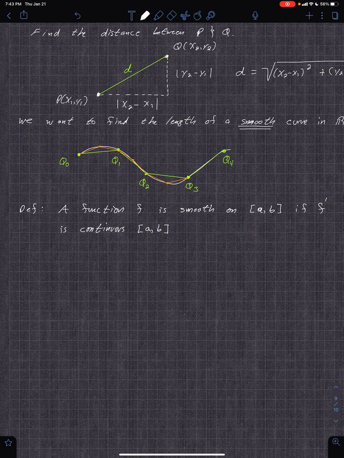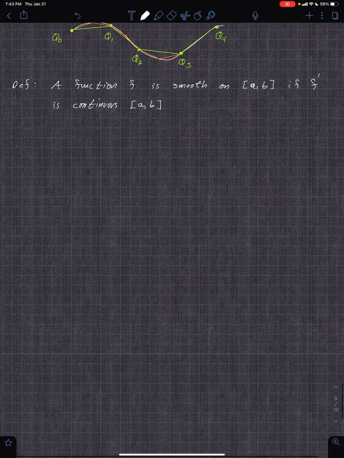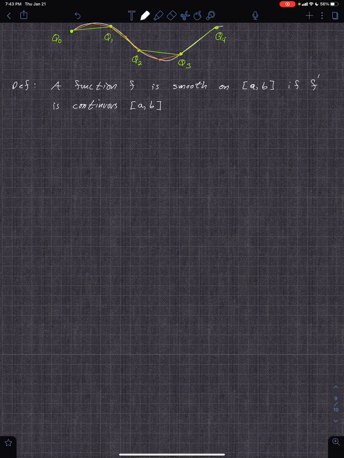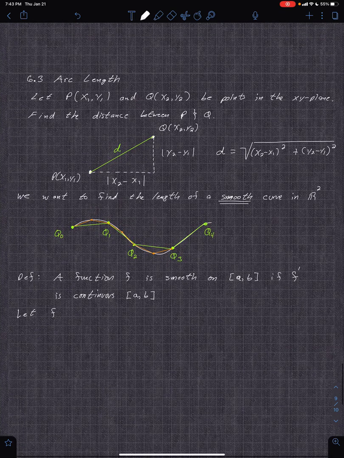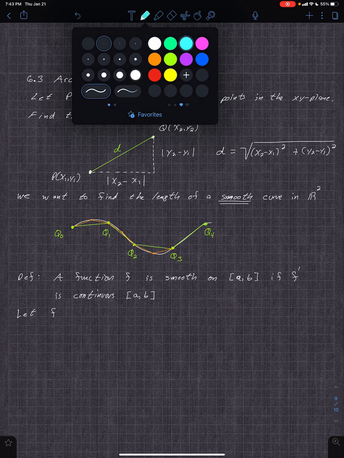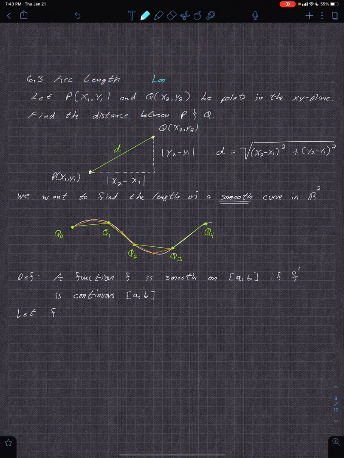So now let's go through more of the derivation of arc length. Oh, little reminder back here, a little note. Let's do this in blue. Look up the mean value theorem. I'm going to be using that.